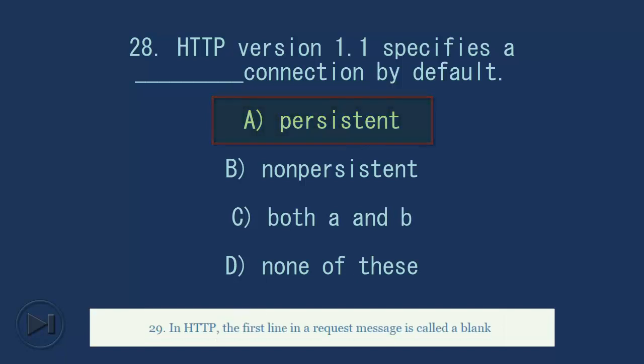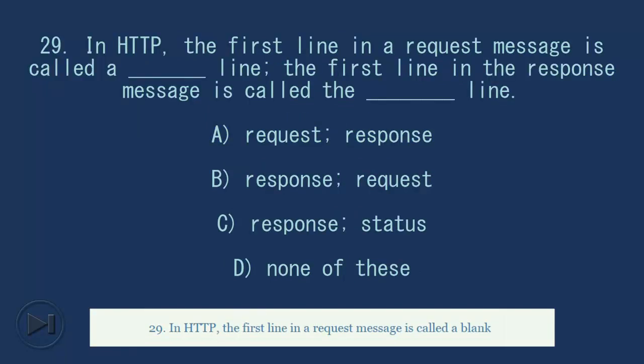29. In HTTP, the first line in a request message is called a blank line, the first line in the response message is called the blank line. A. Request, response. B. Response, request. C. Response, status. D. None of these.